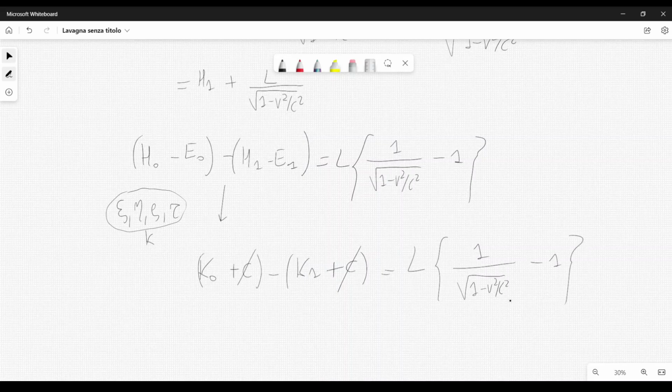From this formula we find that the kinetic energy of the body with respect to the system lowercase k diminishes as a result of the emission of light, and the amount by which it diminishes is independent of the properties of the body.